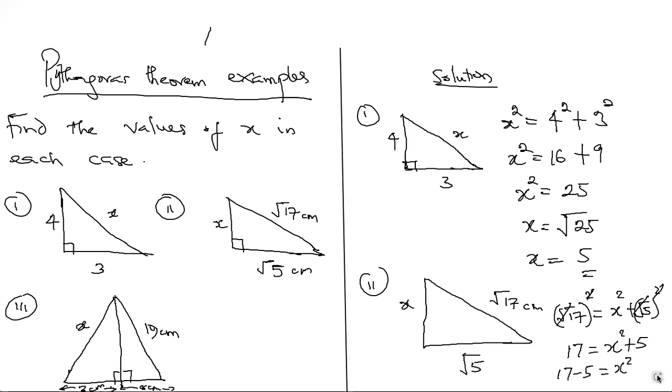So we can finish it off on the next page. Then we have x squared equals 17 minus 5. Then x squared will be 12. Then x will be square root of 12 centimeters. You can press the calculator to find the square root of 12.